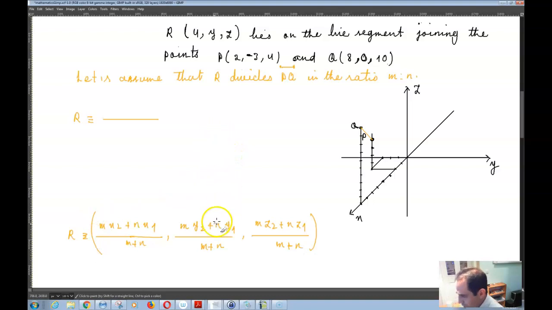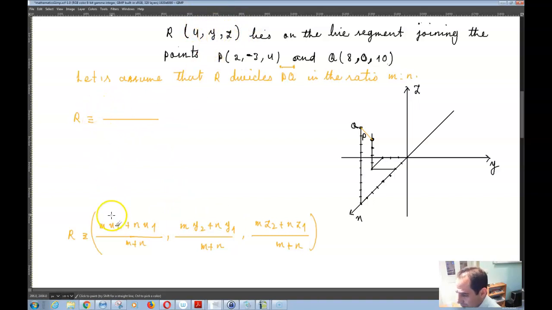Of course we don't know what the ratio is, but since we know one of the coordinates of the point, we'll be able to find m by n and then use it in the other 2 cases.